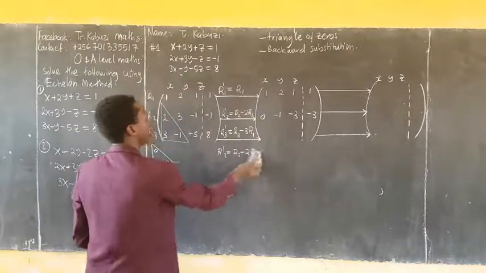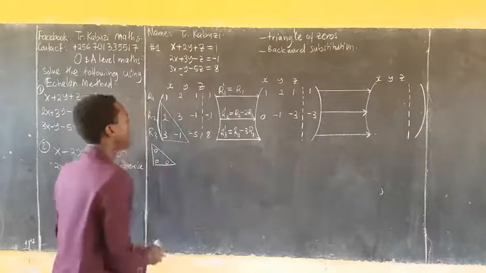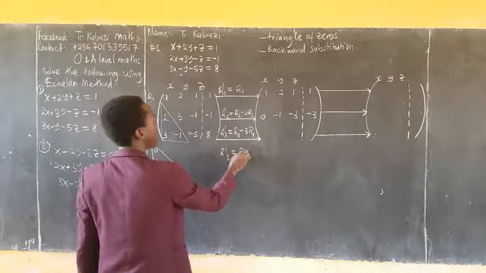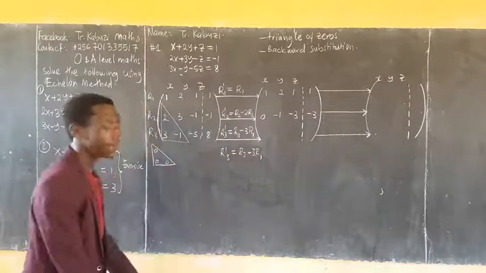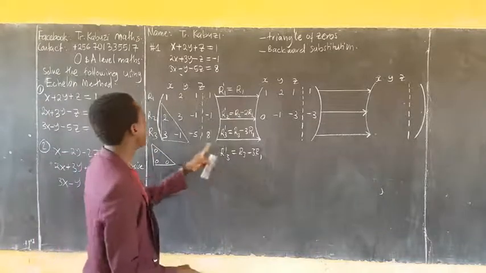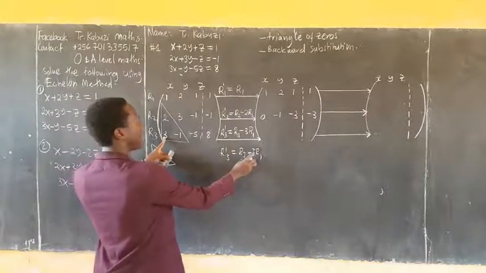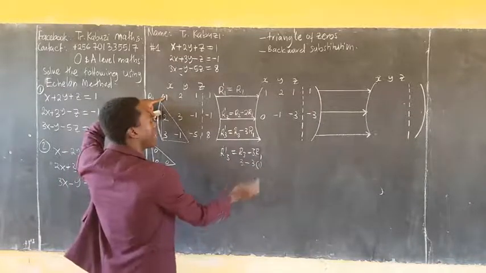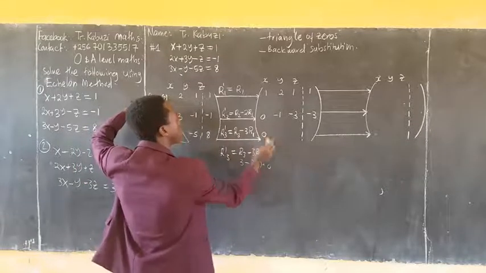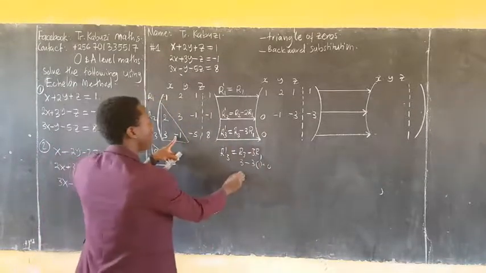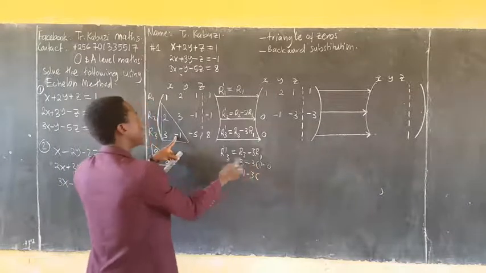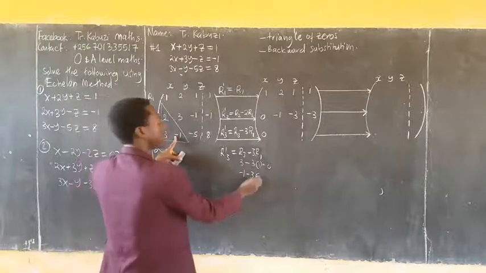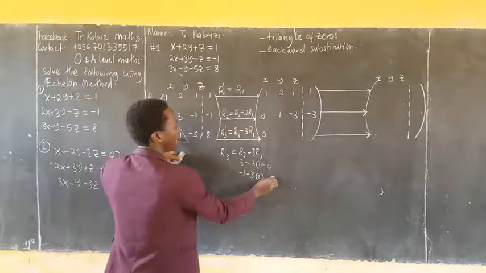Then let us go to the new third row. So the operation here, R prime 3, is going to be R3 minus 3 R1. To substitute, my R3 first is 3 minus 3 into the corresponding entry of R1, which is 1. 3 minus 3 will be 0. Then I have negative 1 minus 3 times the corresponding entry in row 1, which is 2, and this will give me a negative 7.